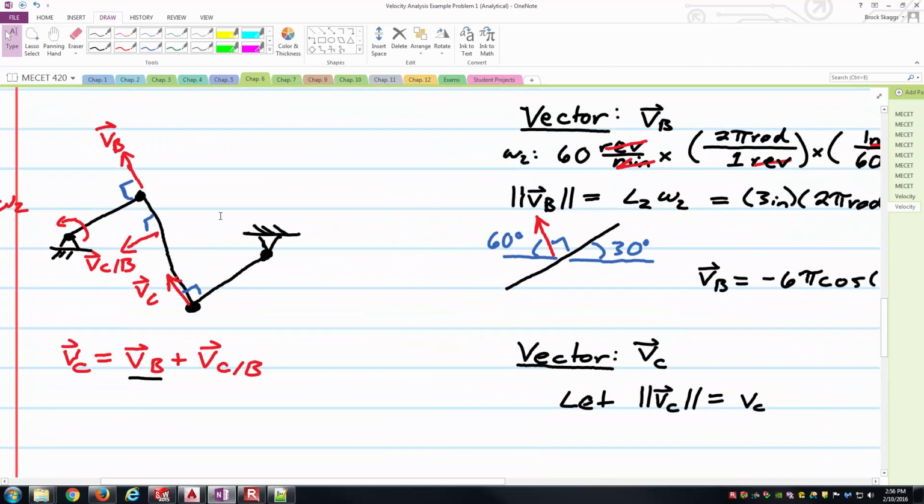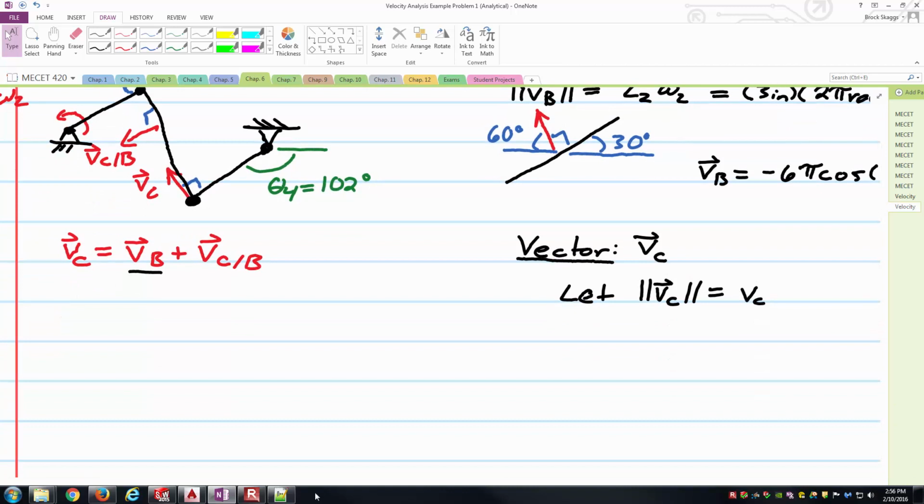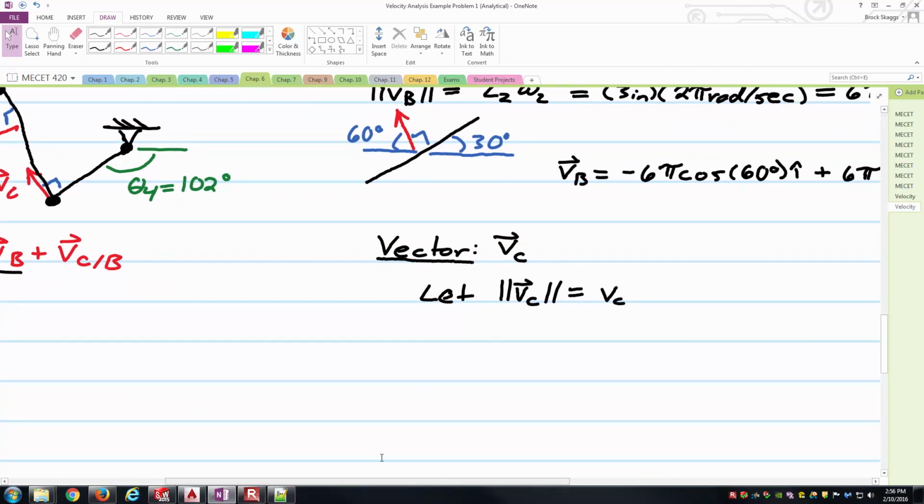In order to shorten the video and focus just on velocity, I'm going to tell you this theta 4 value has already been found, and it is 102 degrees. Now that I know that angle, I would be able to come up with the angle to describe the direction of the v sub c vector. Again, that green stuff could come from an analytical version of the position analysis, or I could have also done it graphically.